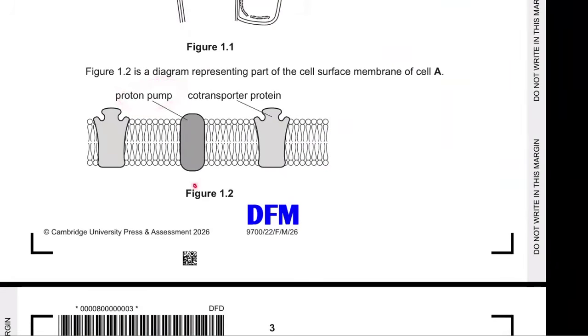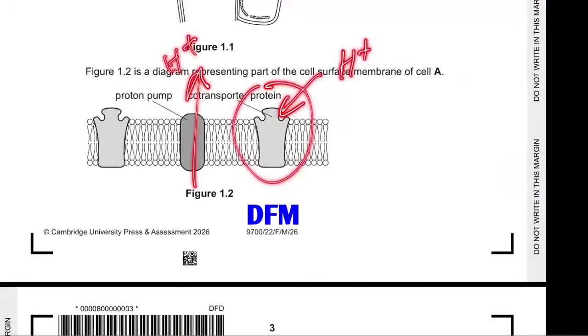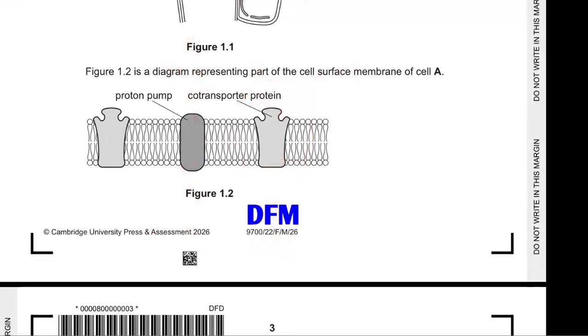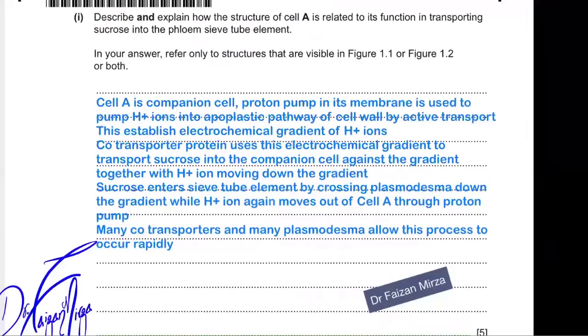We know the proton pump can push the H plus ions out into the apoplast pathway, and the co-transporter protein then allows the same H plus ions together with the sucrose to enter back into the companion cell by secondary active transport. So H plus goes out by active transport, using the energy released from ATP breakdown, and the sucrose H plus co-transporter brings it back. So if there are more co-transporters, a lot of sucrose can get moved in quickly.